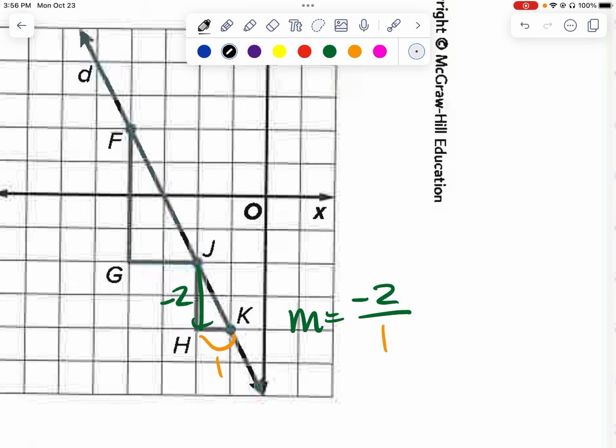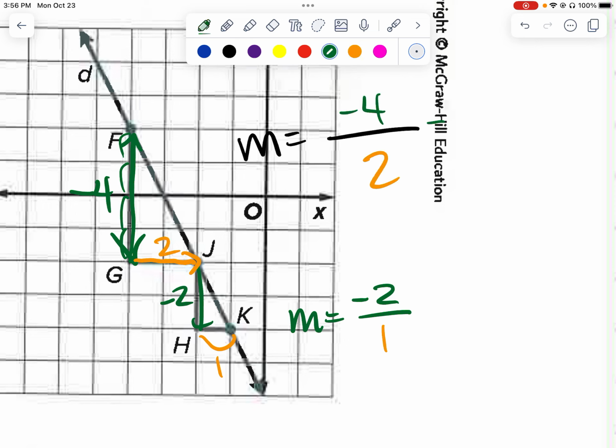If I do the slope up here, I went down 4. I should have done it like that. And I went over to the right 2. And this would simplify to negative 2, and this would simplify to negative 2.